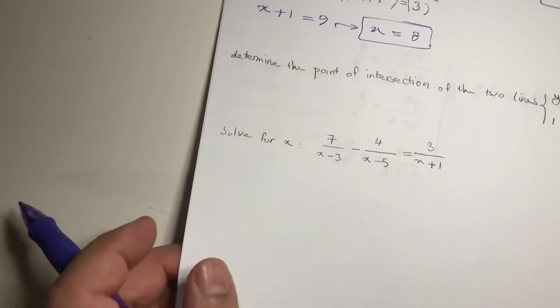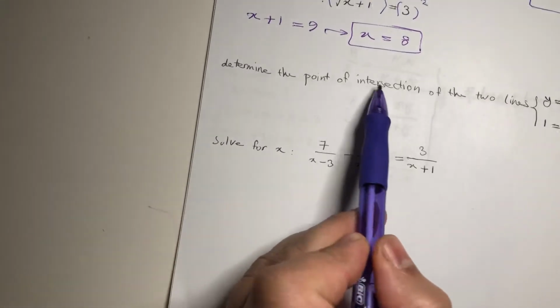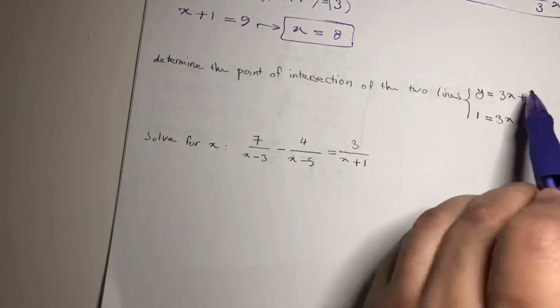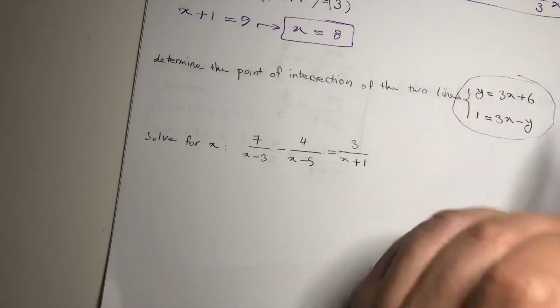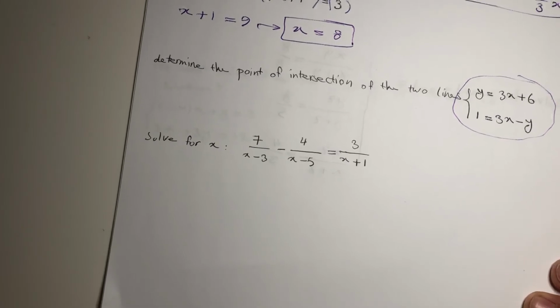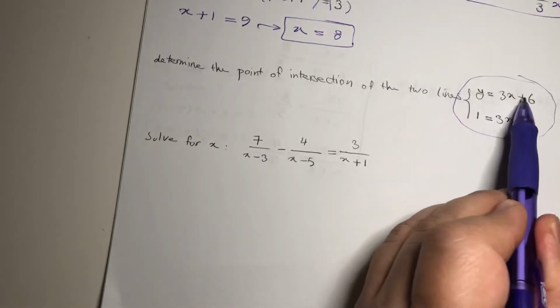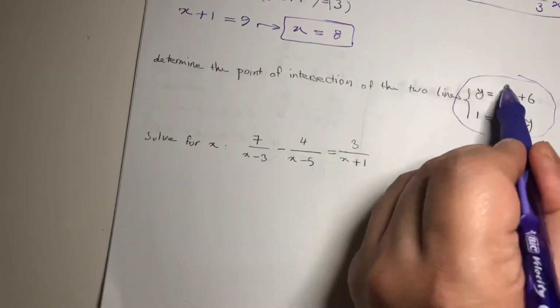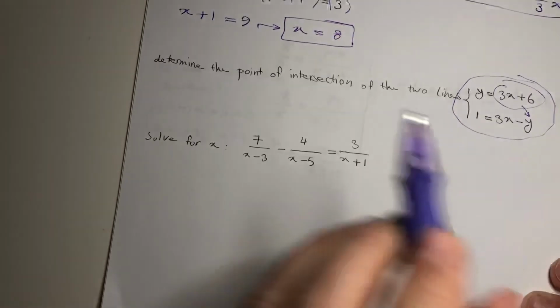The next question says, determine the point of intersection of the two lines. These are the two lines. What this means is we simply need to find the solution for x and y, right? So we have y equals 3x plus 6. We can simply replace y with this in the second equation.